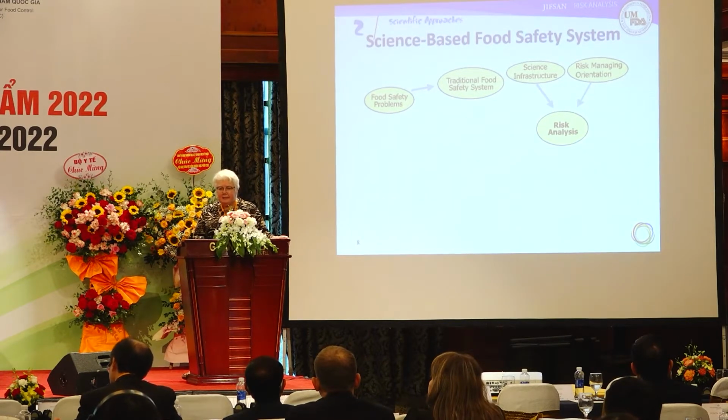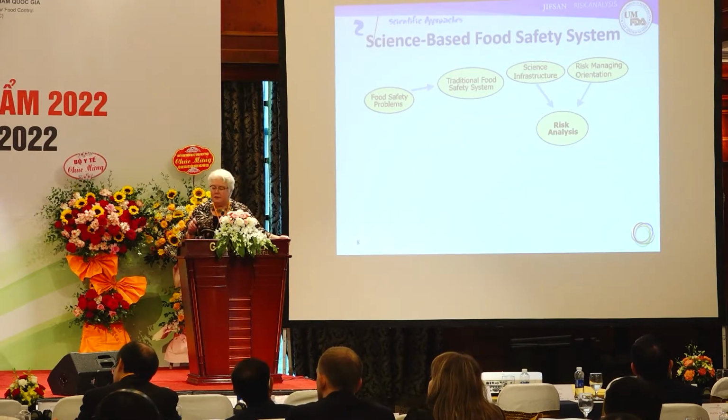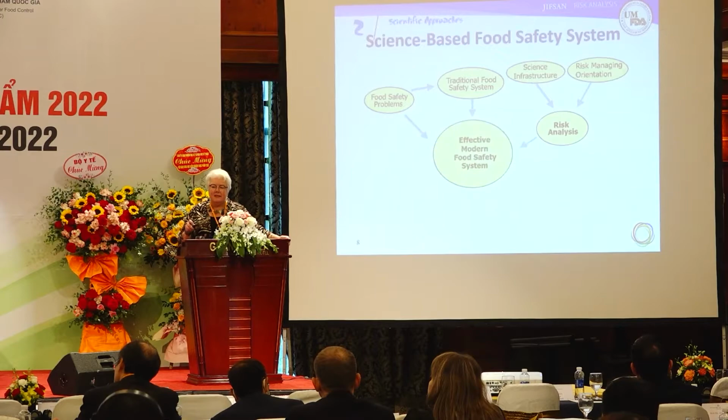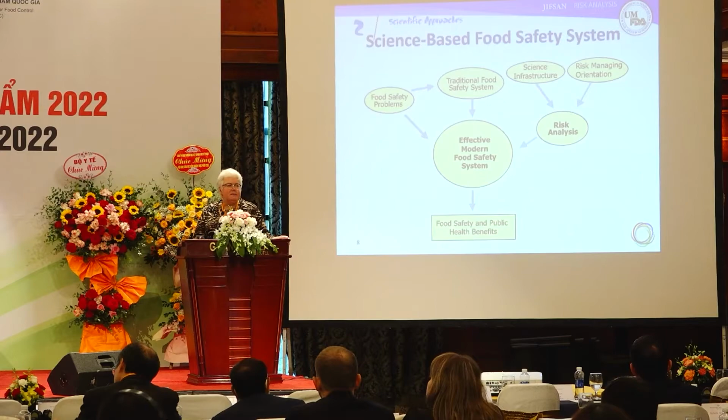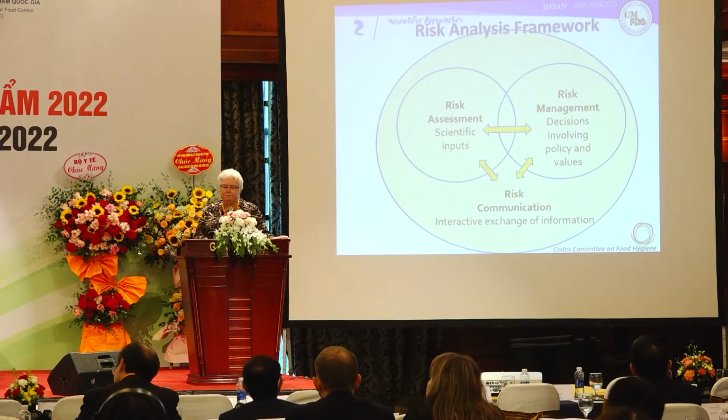That has evolved over time, and I'm going to talk about that. We're trying to analyze the risk and the different management options and communicate that. And we're moving to a much more modern approach towards protecting the food safety system in order to reduce public health concerns. And this is what we see happening around the world.